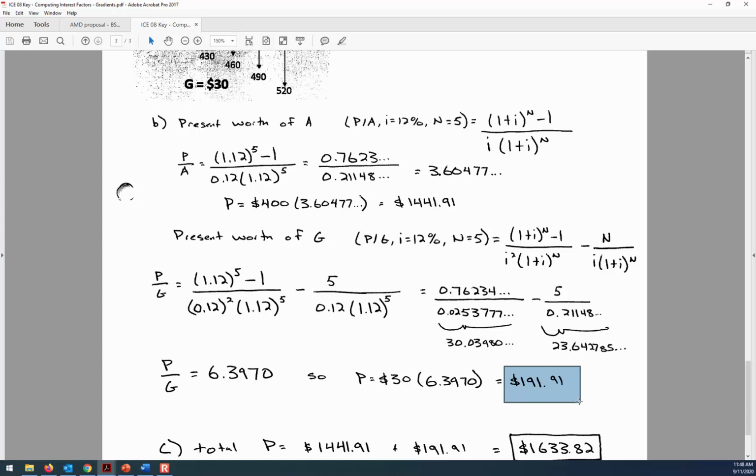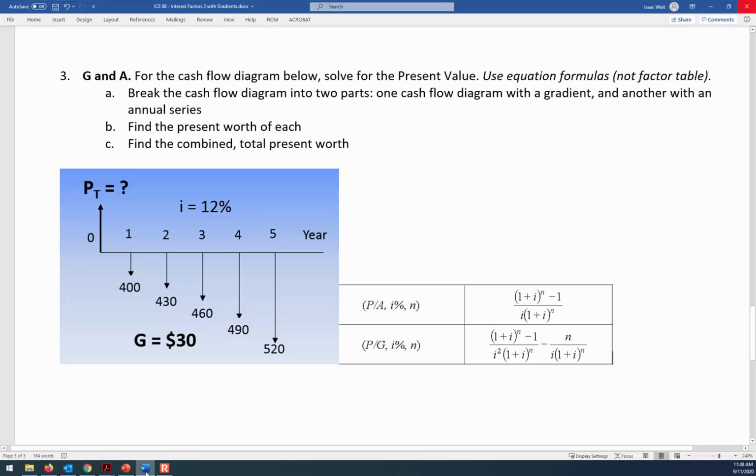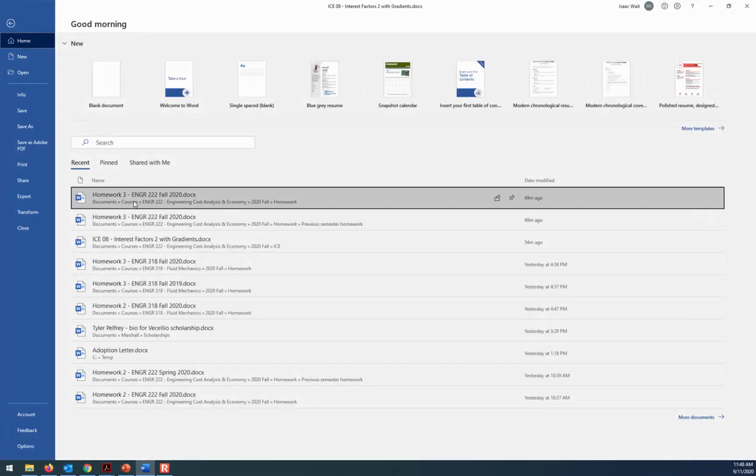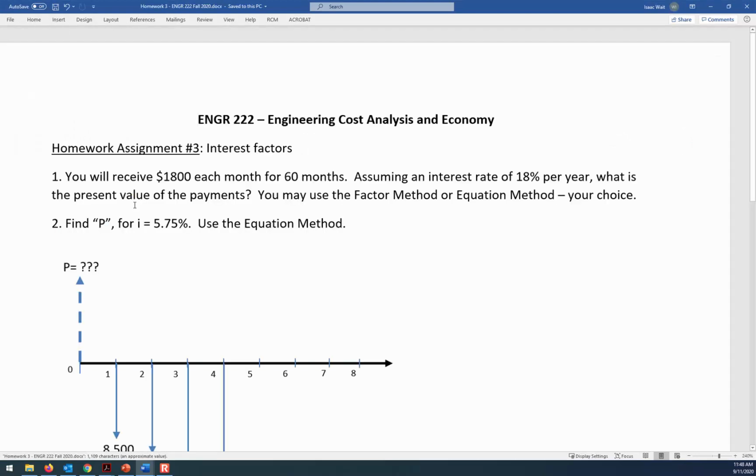All right, so looking back at the homework assignment, I think I've maybe closed that now. Is it acceptable to use the table lookup factor? Yeah, sometimes the question won't tell you which way to use. For example, here on the homework it says use the equation method.